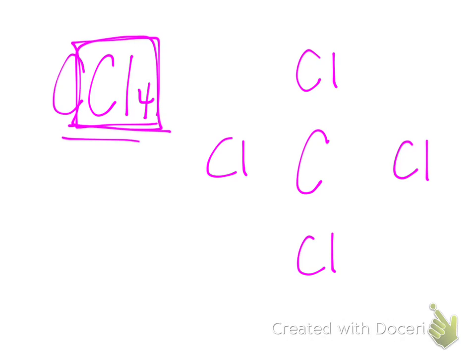Again, I will give you the rules and the process for how to go through this, but we're going to look at it first. We're going to bond each of these chlorines to the central atom, to carbon, because that's what our structure is. Carbon bonded to 4 chlorines.